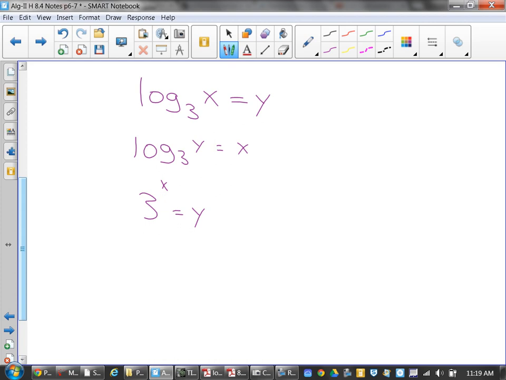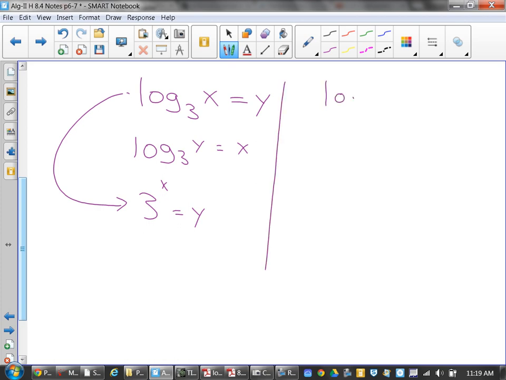In all honesty, you should be able to go from this step to that step. That's all you're doing, the undo. The inverse stuff of these is the same idea.